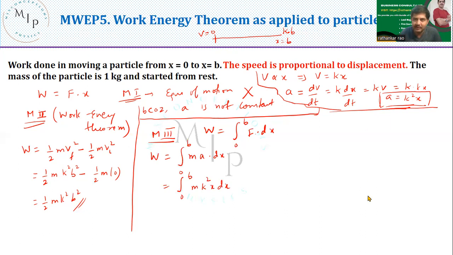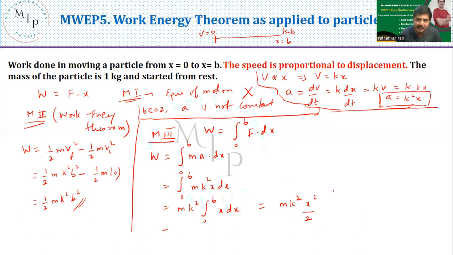Now what I will do is put this here. Now m times k square x into dx. So now this m and k square are constant. Let me remove this. M and k square are constant. And thus I get an integral of 0 to b of x into dx. Which once again, I can write as m k square into, this is x, integral of x is x square divided by 2.